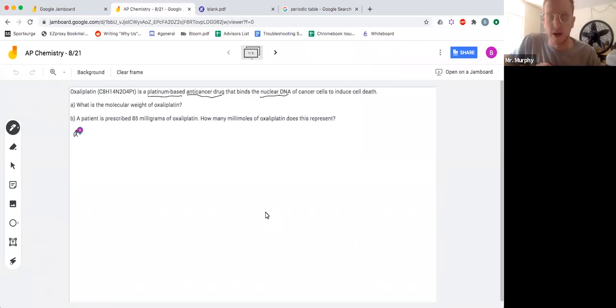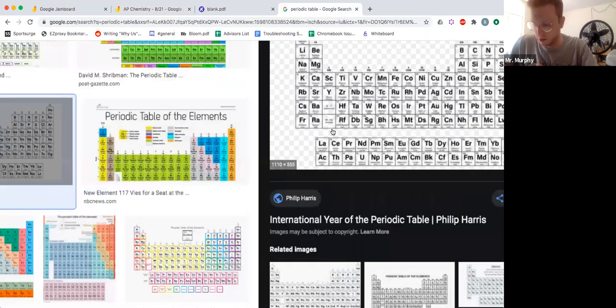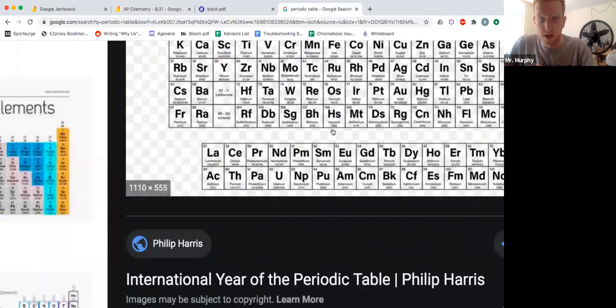First off, how do we find the molecular weight of something? Good question. We have a periodic table of elements. Let's take a look at that periodic table. Boom, okay. Zoom in.